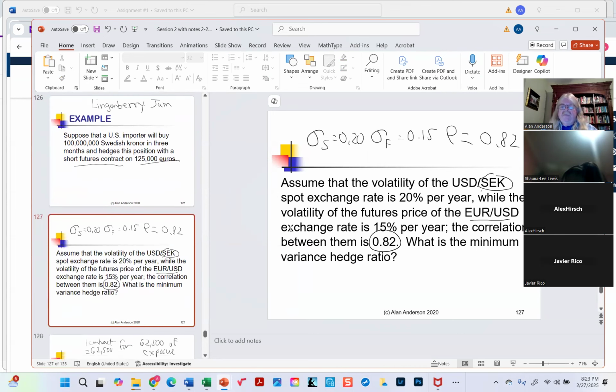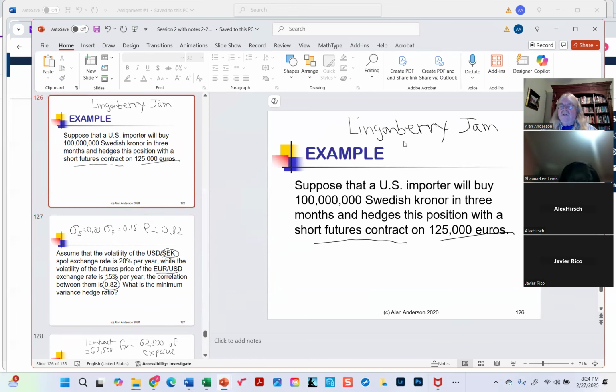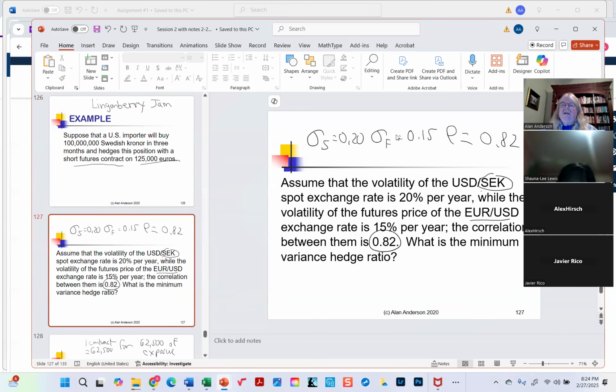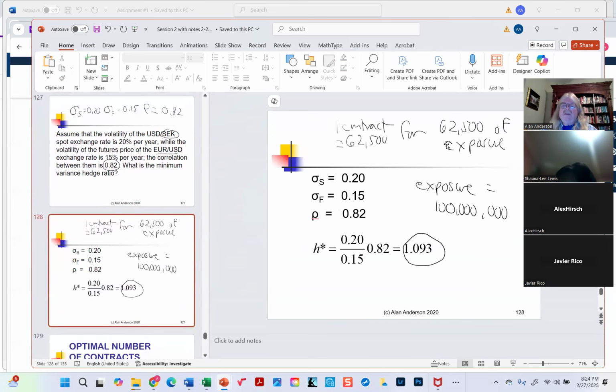Now, let's assume the two standard deviations are the dollar kroner exchange rate has a standard deviation of 0.20. The futures price of this contract, the euro contract, is 0.15, and the correlation between the two is 0.82. So we plug these into our formula, and we end up with a ratio of 1.093.